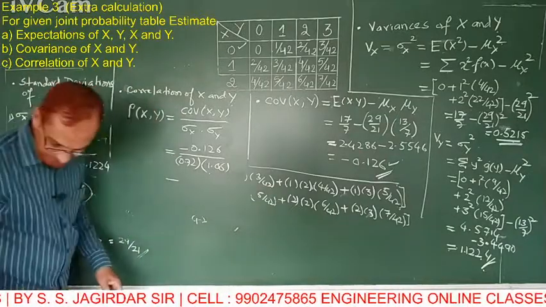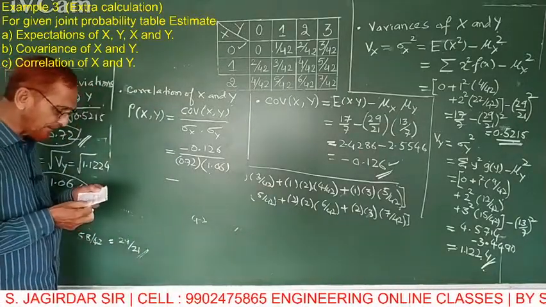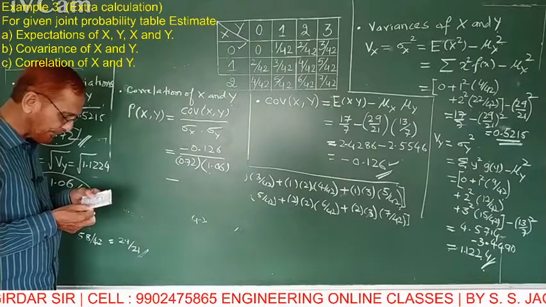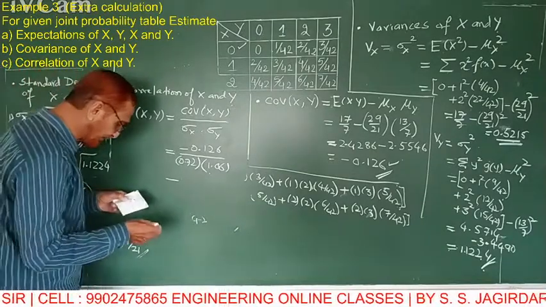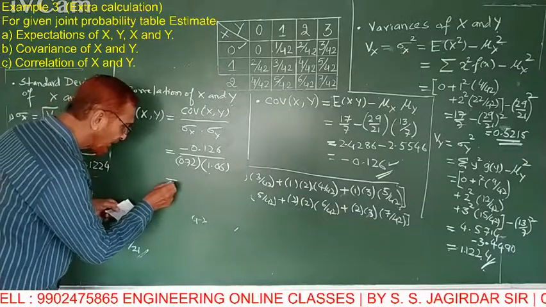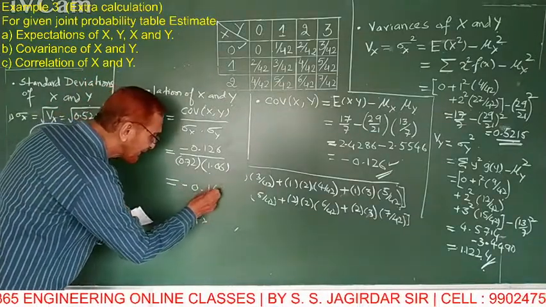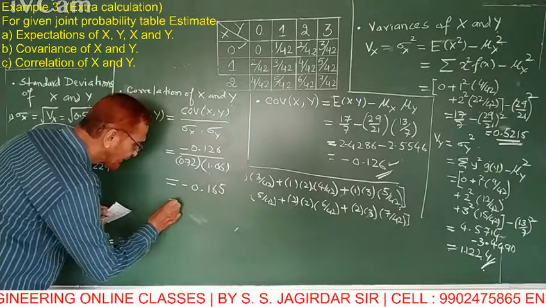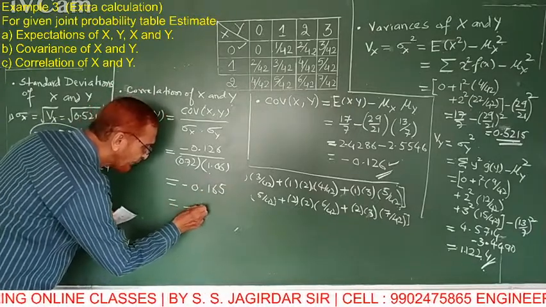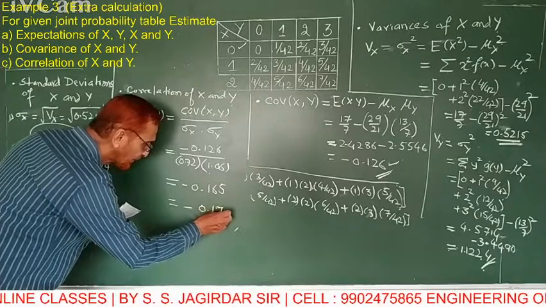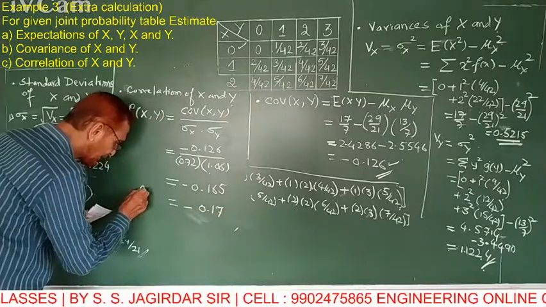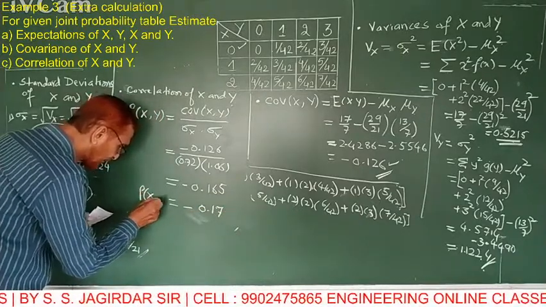So what is the final answer? The correlation is 0.165, which approximately you can write as minus 0.17. So this is our rho of x comma y.